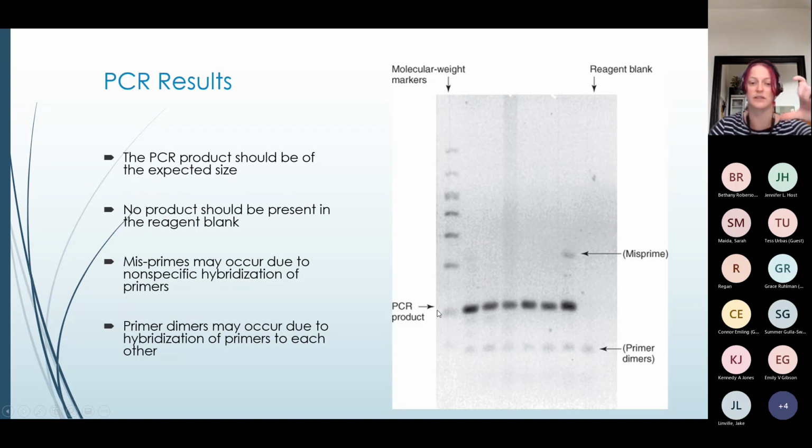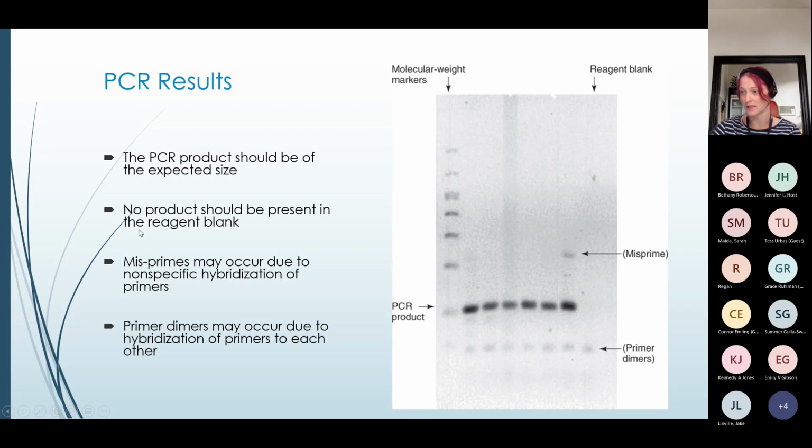They sell different molecular weight ladders based on the size of the genome or the target amplicon that you're trying to monitor or detect. So you know that yours should fall somewhere in this specific weight ladder that you pick out. So the PCR product should be of expected size, and you determine that based on your weight marker, right?